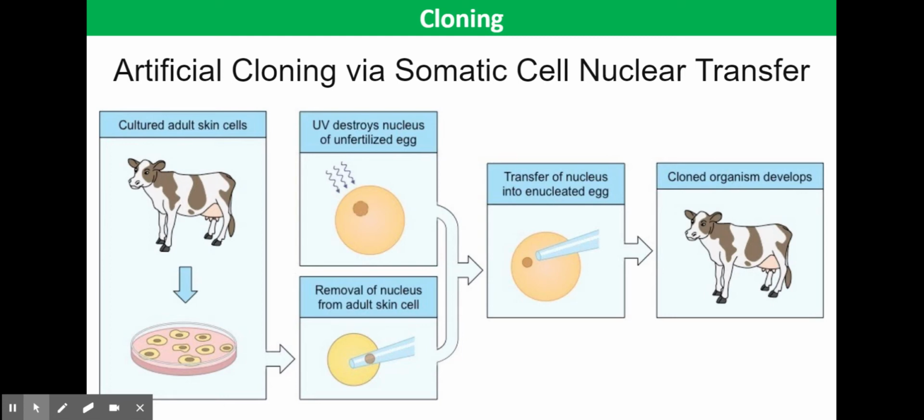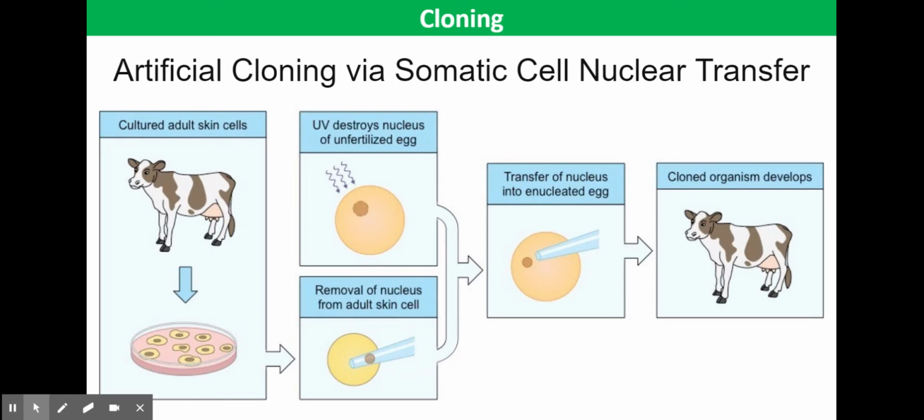So what actually happens? Well, an egg cell is obtained and its nucleus is removed. And this is known as enucleation. Then a normal body cell, so a somatic cell from the adult that you're wanting to clone, is isolated and may have the nucleus removed.